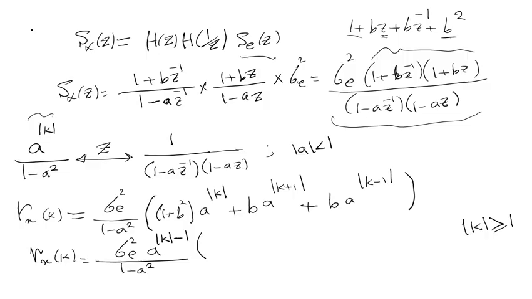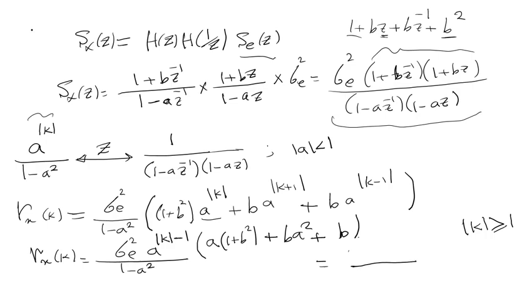Here is a to the absolute value k, a minus, so I have to multiply a, plus this is absolute value k plus 1, so I have to add a squared, and the last term is b.